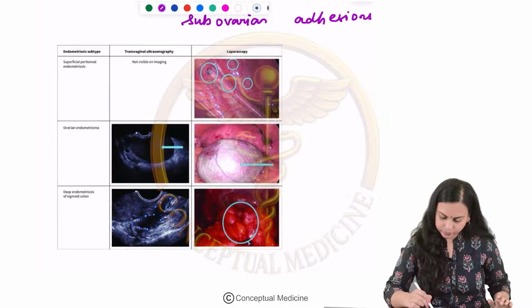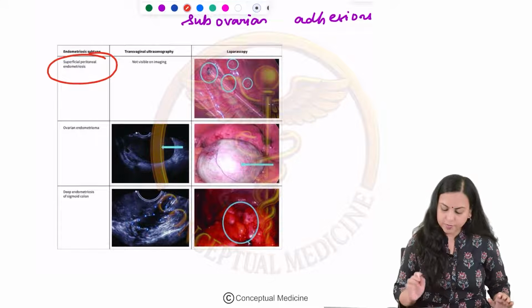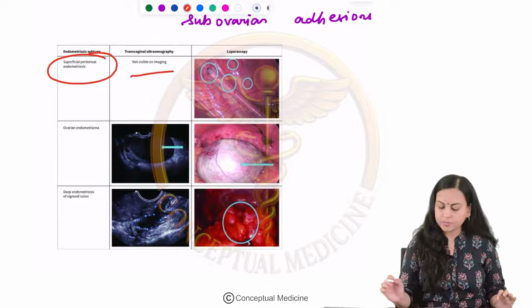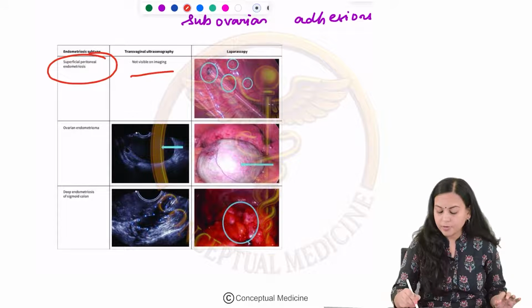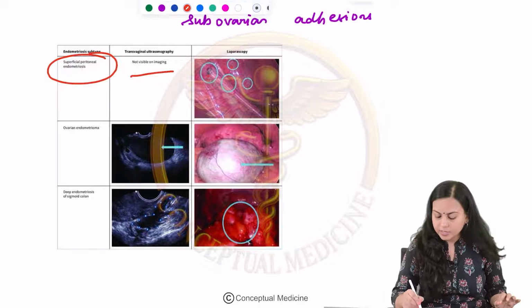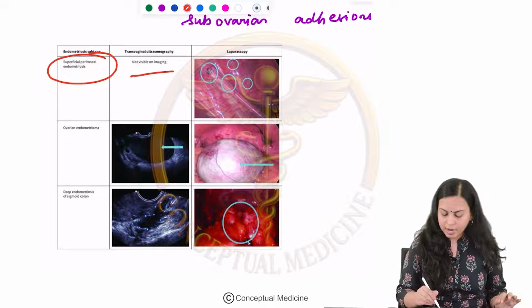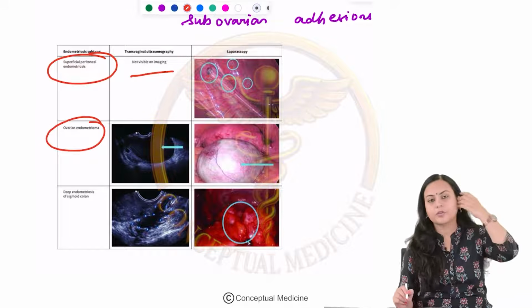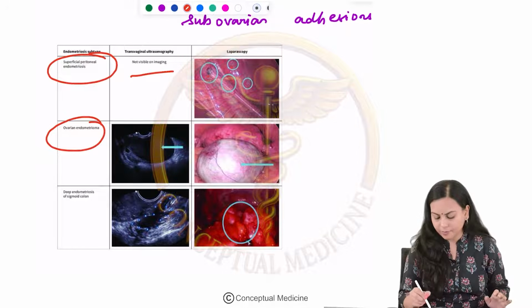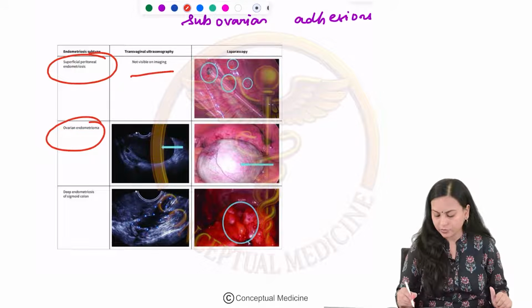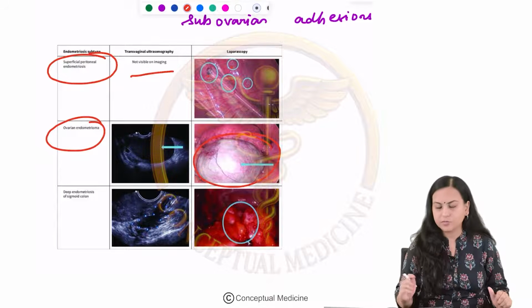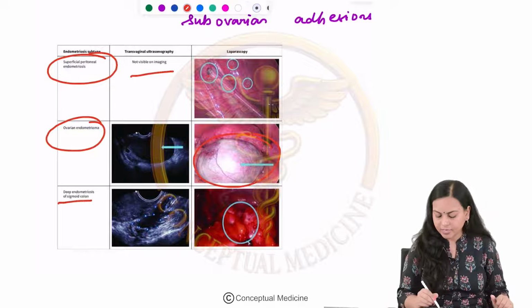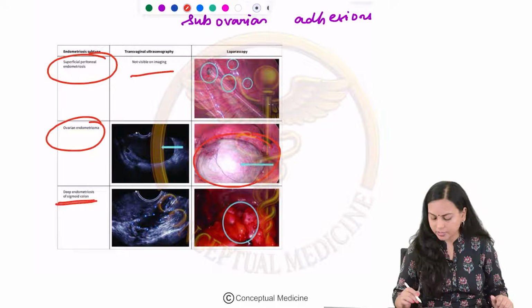These are superficial peritoneal endometriosis lesions, which are not visible on imaging, but during laparoscopy you are able to see these black colored dots, right? And an ovarian endometrioma or chocolate cyst usually appears like this, a dark hypoechoic area in transvaginal ultrasonography, and on laparoscopy the ovary will be enlarged. And a deep endometriosis of the sigmoid colon is seen here.